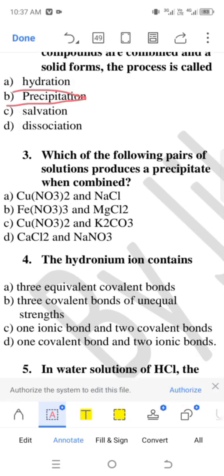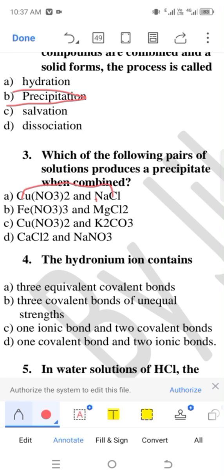Which of the following pairs of solutions produces a precipitate when combined? This is the same question as in the quiz which we have done. The technique is that you have to exchange the ions to get an insoluble compound. Copper chloride is soluble and sodium nitrate is soluble, so A is not correct. Iron chloride is soluble. Magnesium nitrate is soluble.